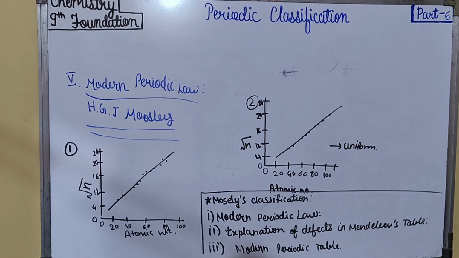In the modern periodic table, there are lanthanides, actinides, groups, periods, like that, transitional elements.